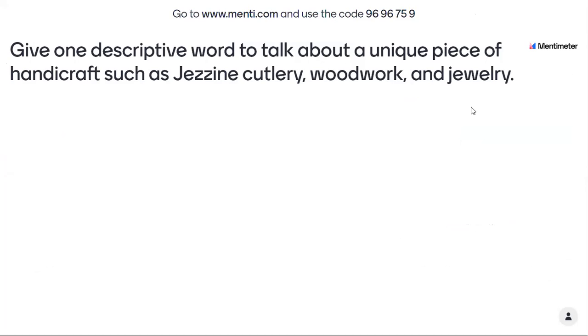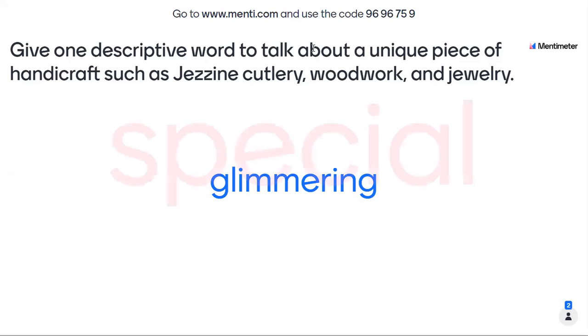Artistic, right? You can say that. But imagine you have, of course, now you have a piece of craft in your home. Take a look at it and just describe it in one word. Unique. Yeah, exactly. Glimmer. Wow, this is a good word. Yes, some of them are very shiny. That was me. Good for you. Especially when it's made of brass or a certain metal, especially when it's jewelry.